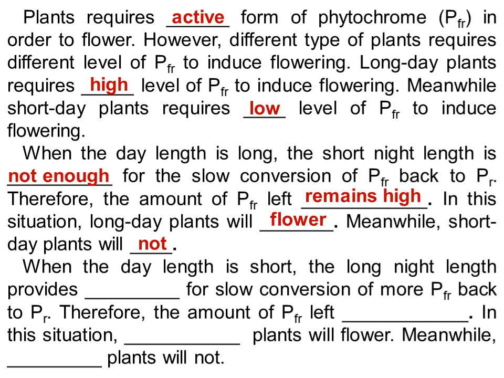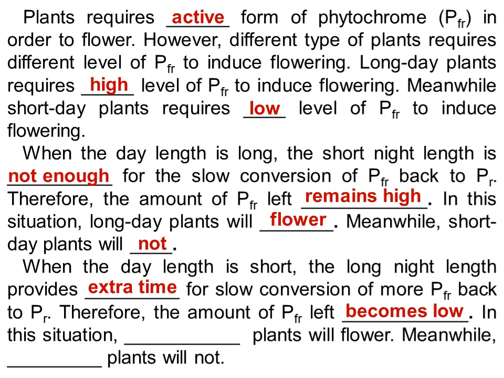When the day length is short, the long night length provides extra time for the slow conversion of PFR back to PR. Therefore, the amount of PFR left becomes low.